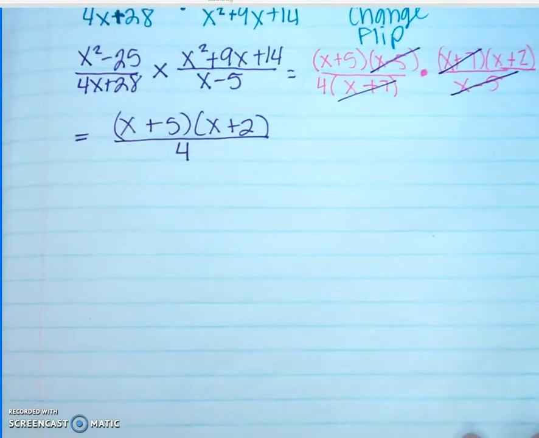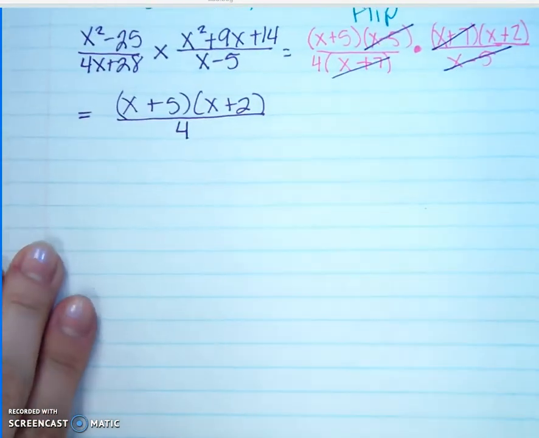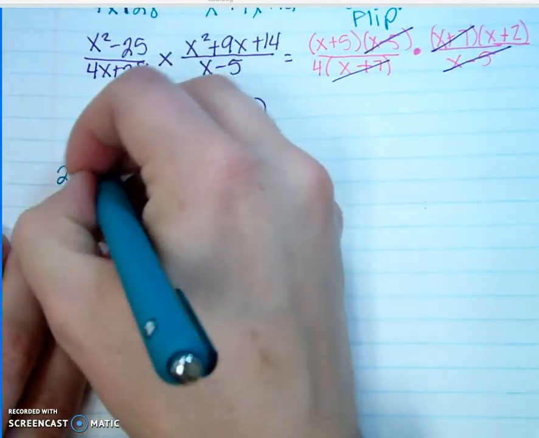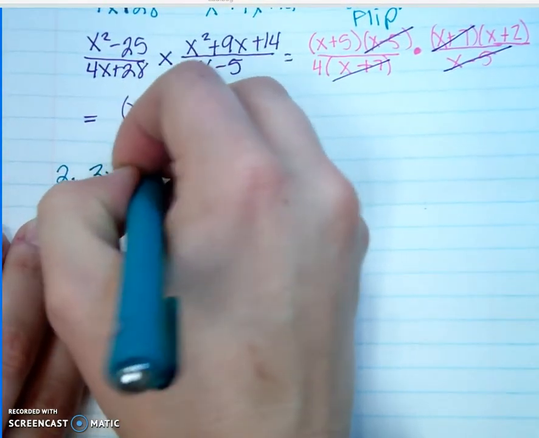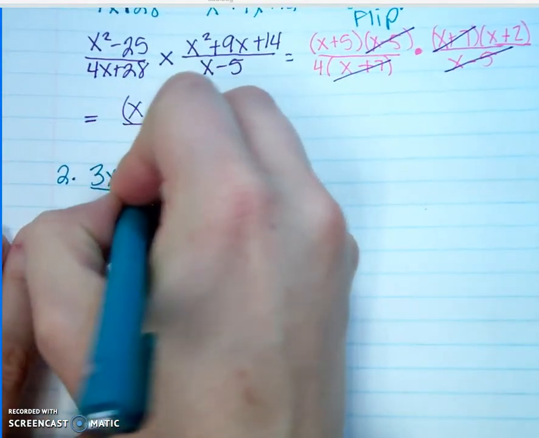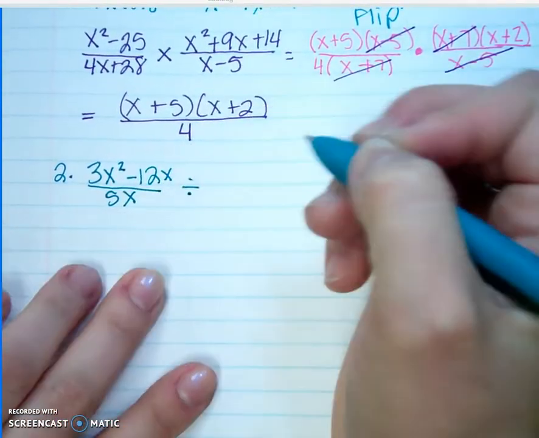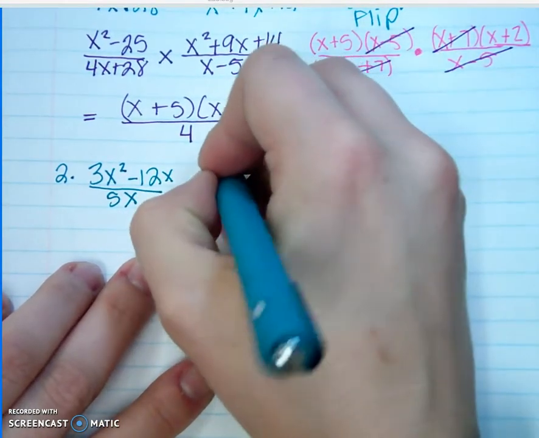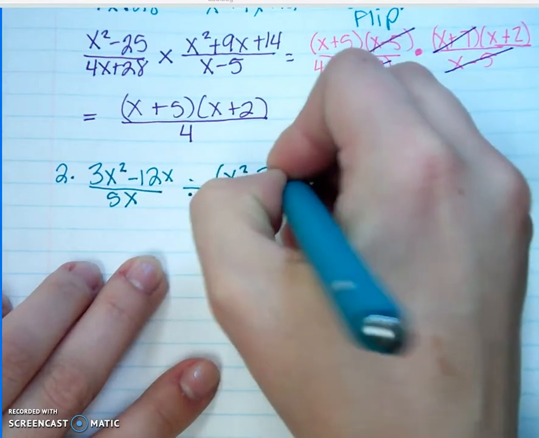All right, let's do another one. Let's do 3x squared minus 12x over 5x, and divide it by x squared minus 3x minus 4.